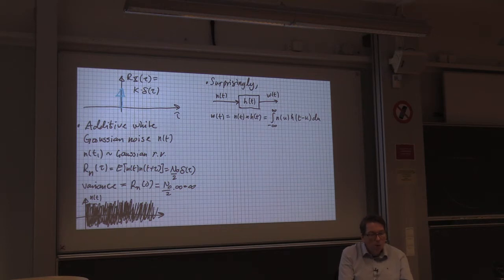Okay, so what do we know here? Well, we know that the noise, this term, is white and Gaussian, so for each value of u, we get a Gaussian random variable. If we look at the integrand for a fixed t and u, we have n(u) multiplied with h(t minus u), and h here is a regular signal, so h(t minus u) is just a number, like 3, 45, minus 72.